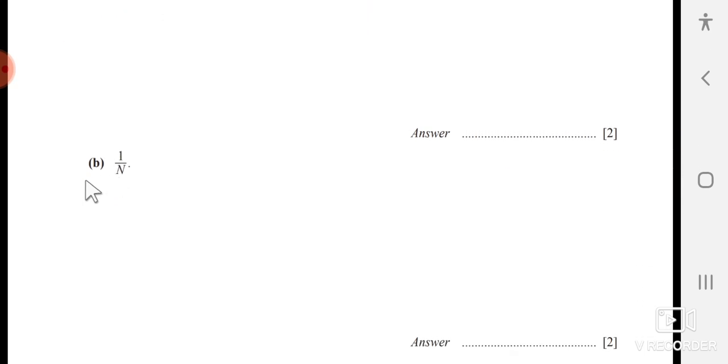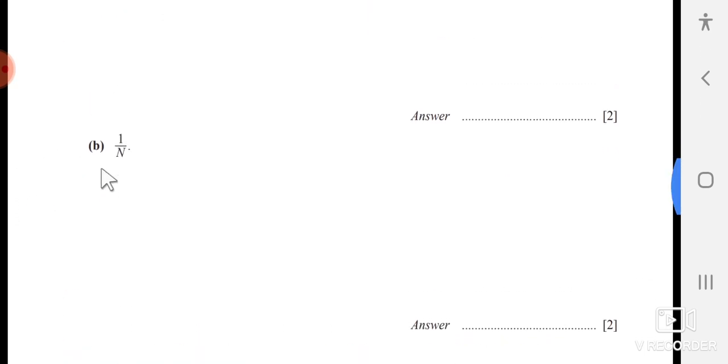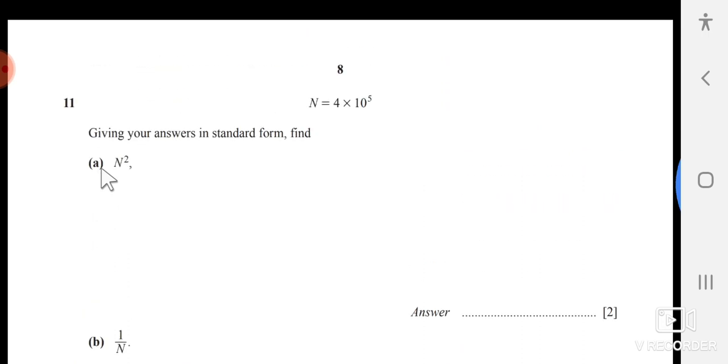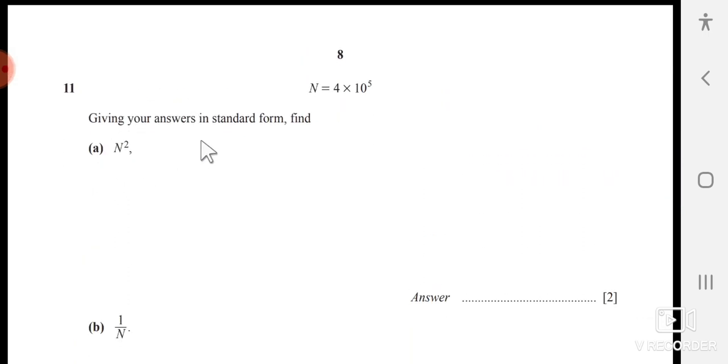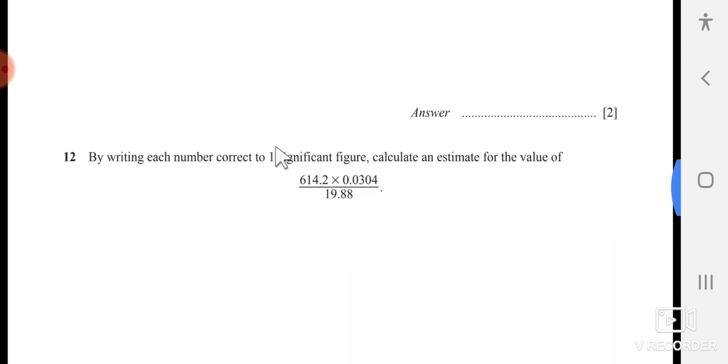Now in the same way, 1 over n means first you have to write 1 over 4 into 10 raised to 5, and then 1 over 4 could be replaced by 0.25 into 10 raised to minus 5, and 0.25 can be replaced by 2.5 into 10 raised to minus 1. So 2.5 into 10 raised to minus 6 would be the final answer for 1 over n.